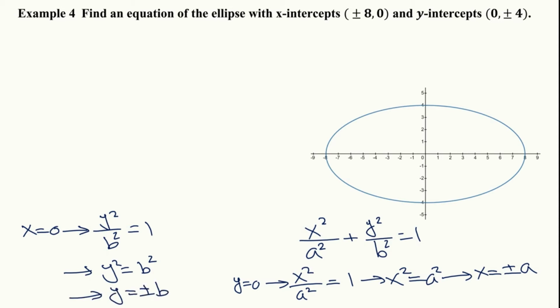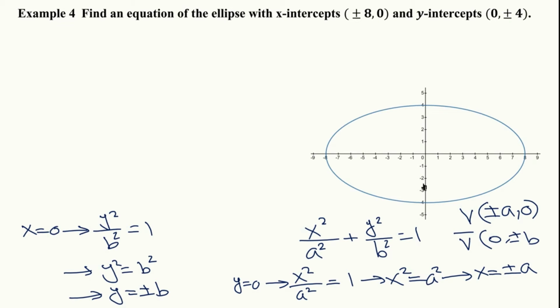So for a horizontal ellipse, the vertices are at plus or minus a, 0, and the covertices are at 0, plus or minus b, and those happen to also be the intercepts of the ellipse.